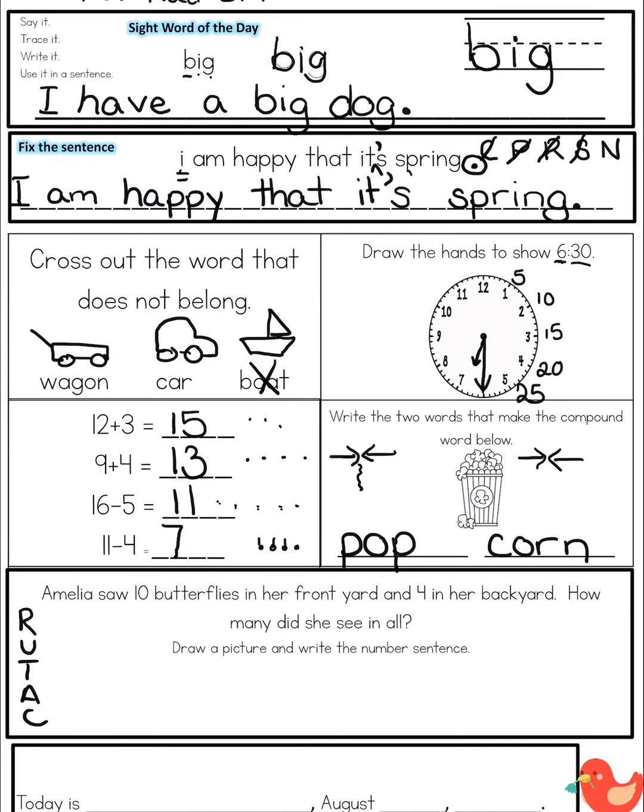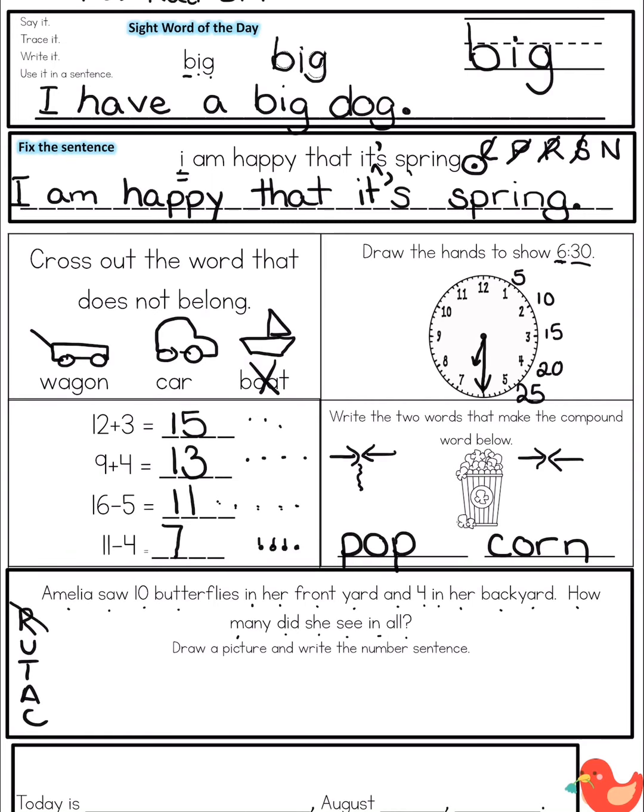Let's read together. Amelia saw 10 butterflies in her front yard and 4 in her backyard. How many did she see in all? And it says we can draw a picture and write the number sentence.